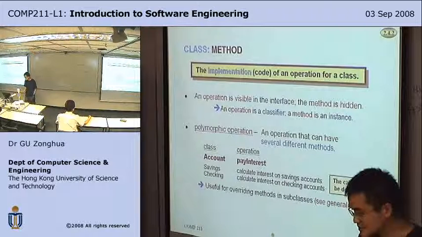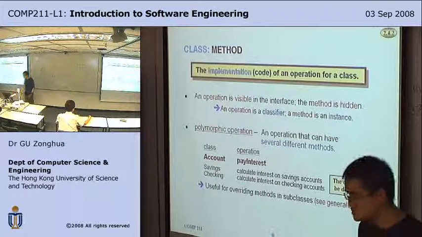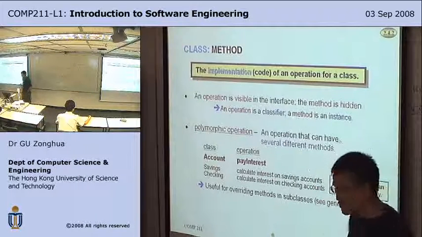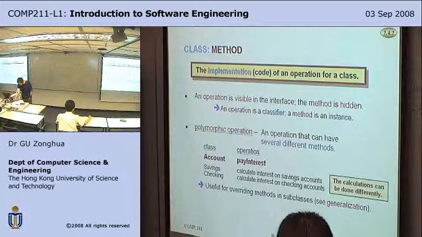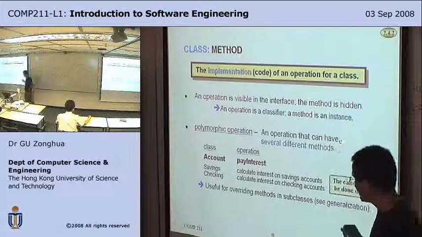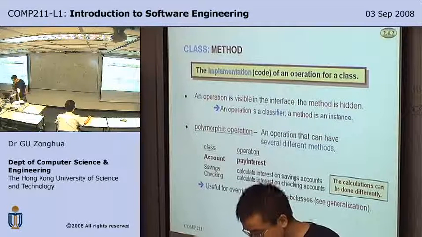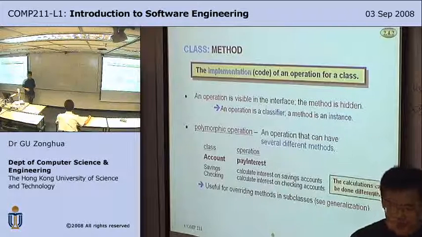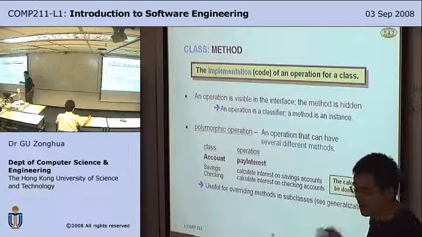Therefore, you have this distinction between the classifier and instance, operation and method. We'll discuss generalization and specialization next very quickly, to describe how you can override methods in subclasses by providing a different method for the same operation.